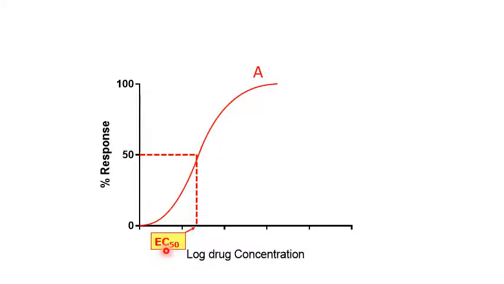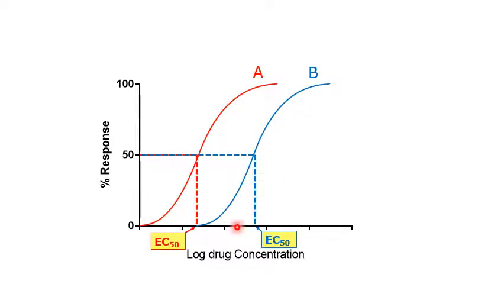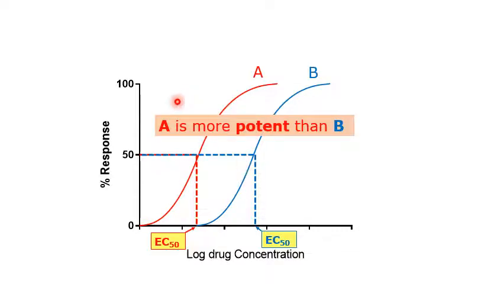In another word, for drugs with low EC50, we need a small concentration of the drug to produce a response, while in cases like drug B, for example, where the EC50 is larger than for drug A, this means that we need a higher concentration of drug B to produce the same effect that was produced by a smaller concentration of drug A. In this case, we call that A is more potent than B.